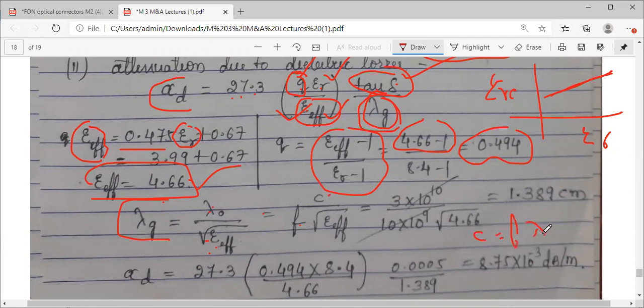I have substituted C as 3 into 10 raised to 10, not 10 raised to 8, because I am now in centimeters. I have to convert every data into centimeters; 3 into 10 raised to 8 is in meters per second, so convert it into centimeters. Then frequency is 10 gigahertz and the effective value I have calculated is 4.66. Substituting, I will get it as 1.389.